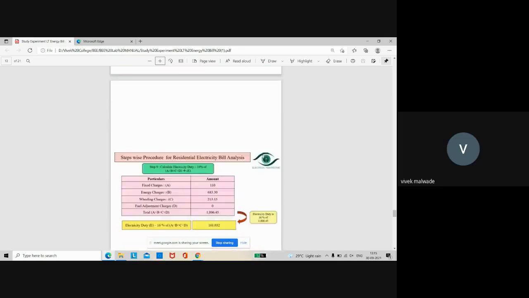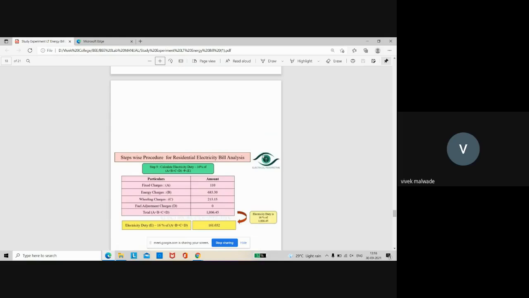Now next is to calculate the electricity duty. Okay, now electricity duty we have already seen. Electricity duty is calculated on the basis of fixed charges, energy charges, billing charges and fuel adjustment charges. इसका एडिशन कितना होता है, उसके ऊपर 16% electricity duty लगती है, this is fixed for MSEDCL.